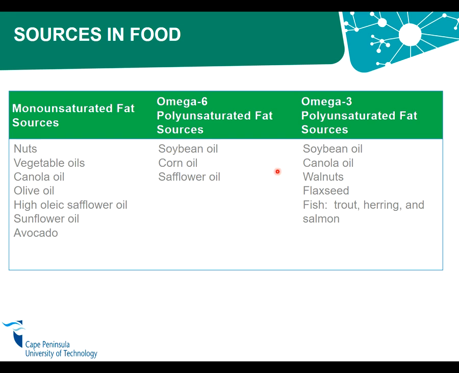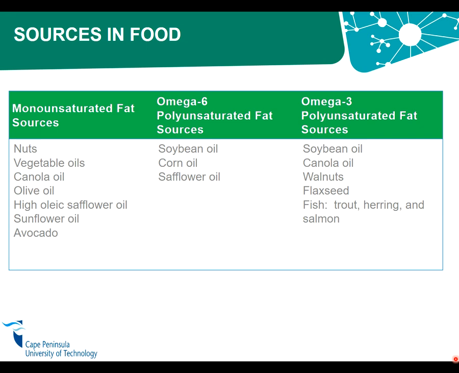Omega-3 and omega-6, which are the essential fatty acids, are normally found in soybean. Soybean has both omega-6 and omega-3. Also corn oil, safflower oil, canola oil, walnuts, flaxseed, and also fish, but not all species of fish, only trout, herring, and salmon. That is why salmon is very expensive, because it contains omega-3 and omega-6 fatty acids.